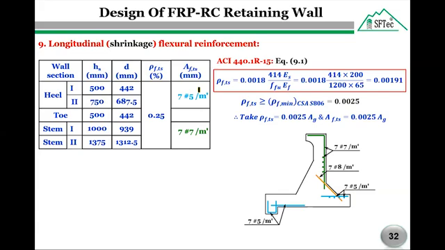Based on the average thicknesses for the stem and the heel slab, 7 bars number 7 per meter and 7 bars number 5 per meter are assumed as shrinkage flexural reinforcement for these two sections. As we see here, 7 number 7 for the stem and for heel 7 number 5. While the amount of shrinkage reinforcement based on the constant toe section is 7 bars number 5 per meter run.